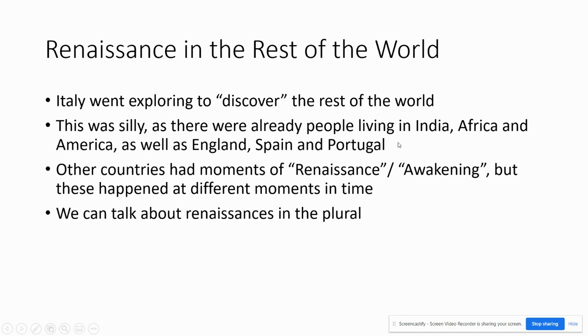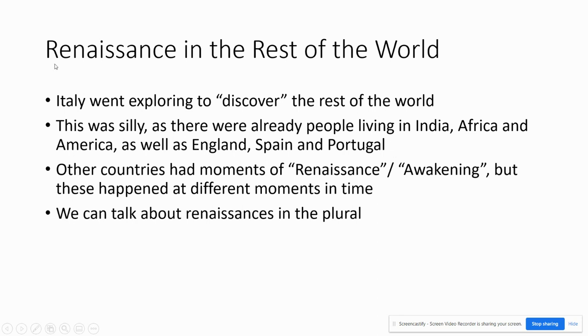And the Spanish and the Portuguese were not that far behind Italy in what was happening in the Renaissance. But then we look at India, Africa, and America. And as we've spoken about before, we know about colonialism, where countries in Europe went in and took over. So Italy was thinking about doing this, but they didn't end up colonizing the rest of the world like Britain or the Dutch did.